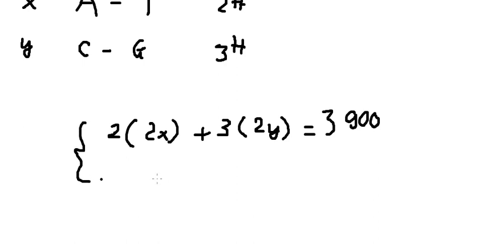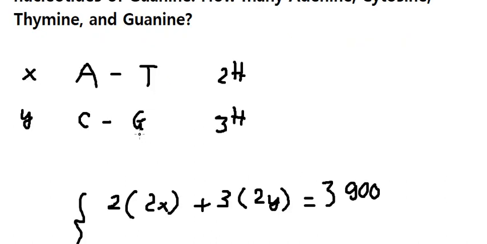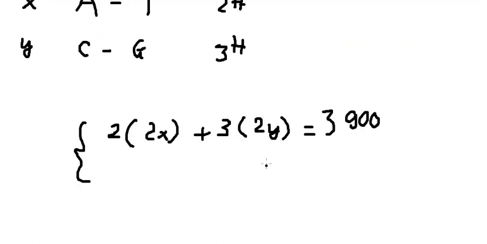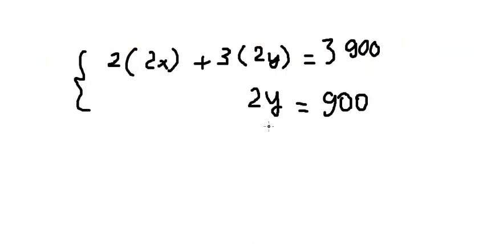And the next one, we have 900 nucleotides of guanine. So we have G, and that's about Y equals 900. We put number 2 in here because this is about double-stranded.